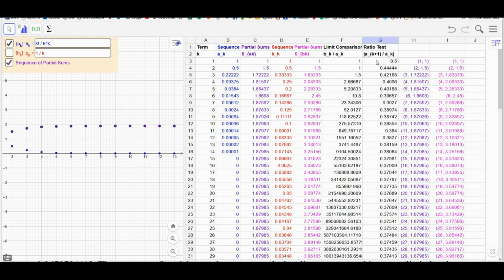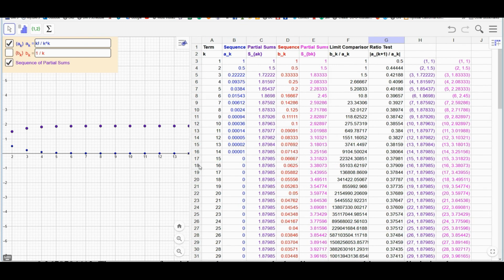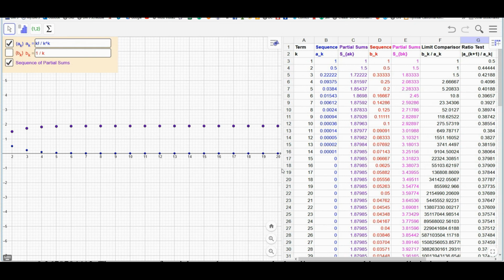And then the ratio test is within a series. It's comparing a ratio of one term to the next, and you can see that worked out here. Okay, and so that gives you some idea what's going on there. And of course, we can look at the sequence of partial sums and the underlying sequence there.